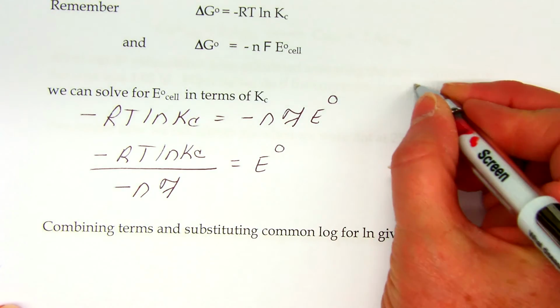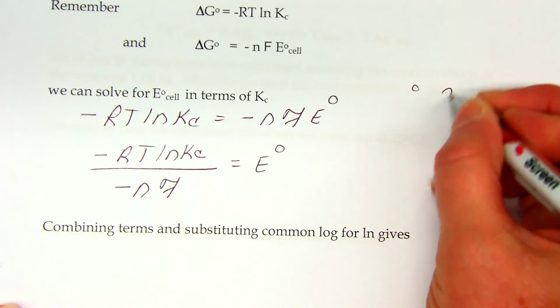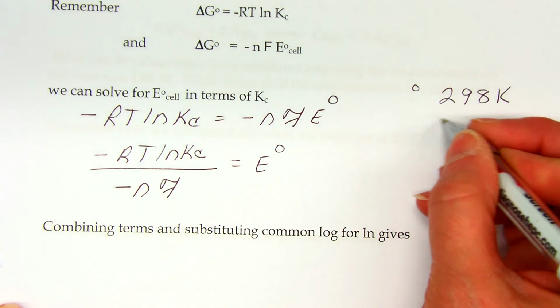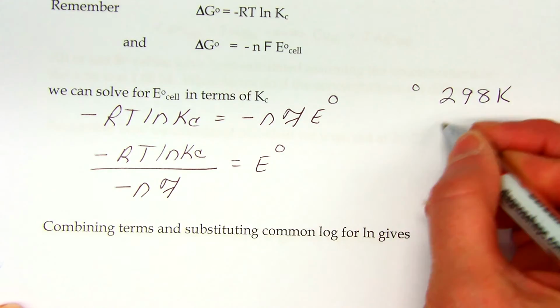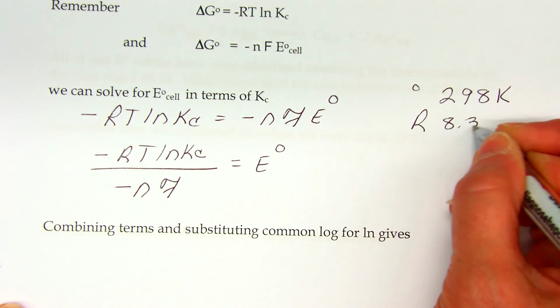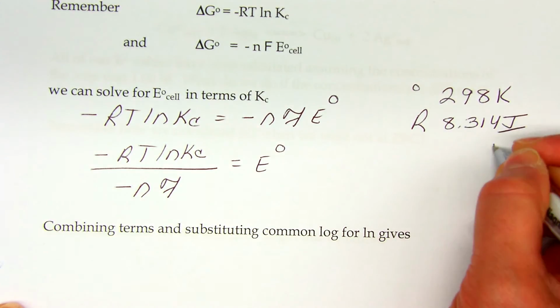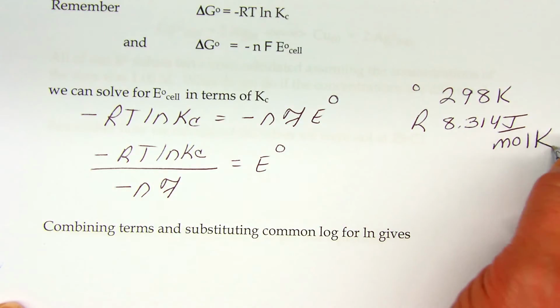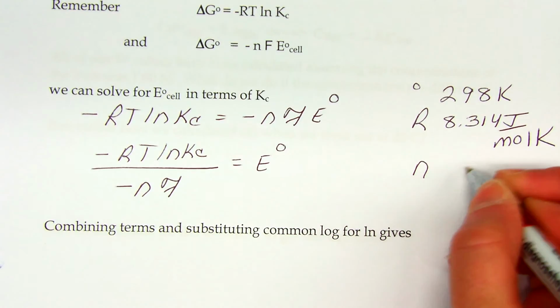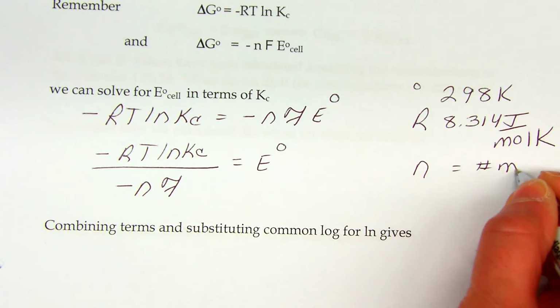So this little 0 tells us that the temperature is 298 Kelvin, and we know the gas constant R is a constant. So that is 8.314 joules per mole Kelvin. We use that value of R in these calculations because we want our answer in joules or kilojoules. And we know that N is equal to the number of moles of electrons.